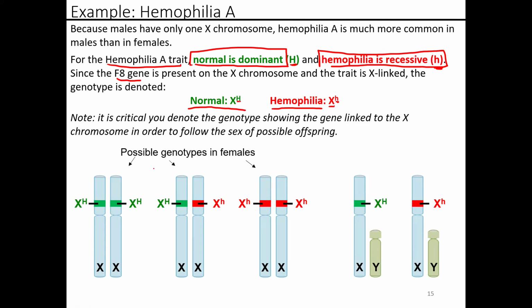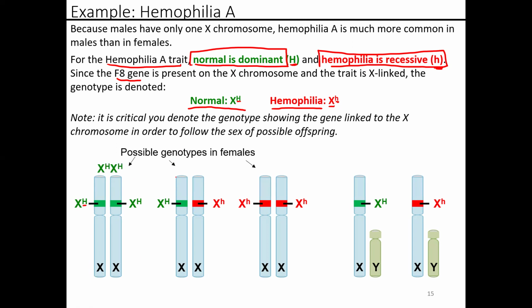Remember, when it comes to a female, these are going to be all the genotypic possibilities. Again, they can be homozygous dominant. You can see, remember, it's X-linked, so it's only following that X sex chromosome. And then again, we need to denote whether they're going to be dominant or recessive. So in this case, X big H, X big H. So in this case, this would be a homozygous dominant female for normal blood typing.